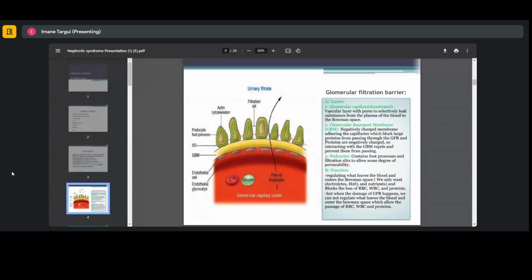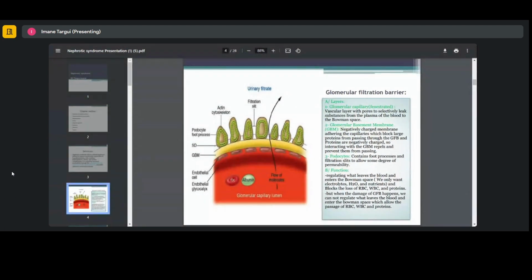And we have the third layer, which is important for our topic, podocytes. Podocytes, like we see in the picture, contain foot processes and filtration slits to allow some degree of permeability.